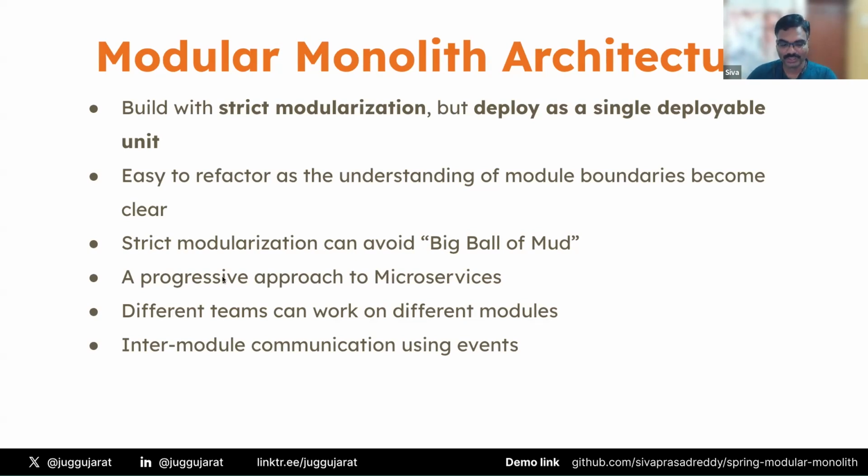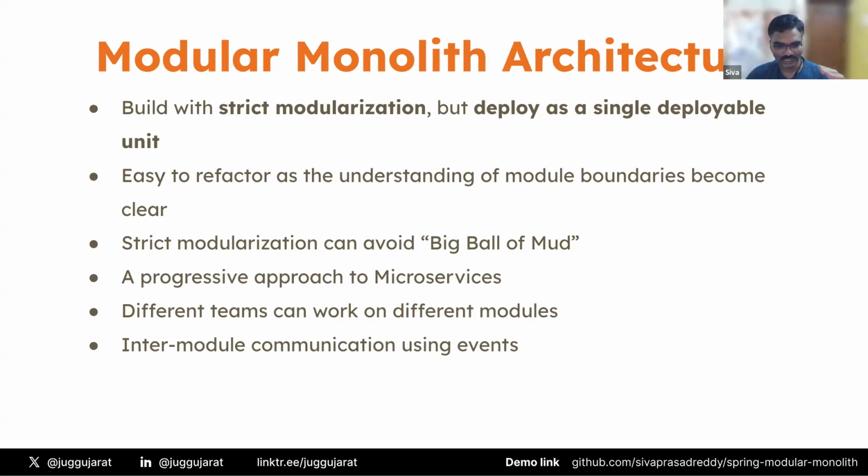Once you go ahead with the modular monolithic approach, it is a very organic way to move to microservices, because over time you build it as a monolithic application and then you understand, okay, I just want to take this service as a separate microservice for whatever reason.